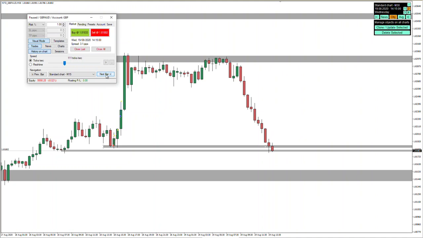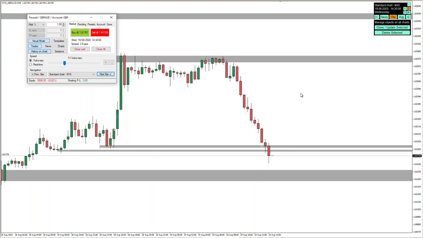M15 still going down, and so now, wow, now we are 30 minutes before New York Open. This is quite a big move without any retracement. I can't trade here, not at all.